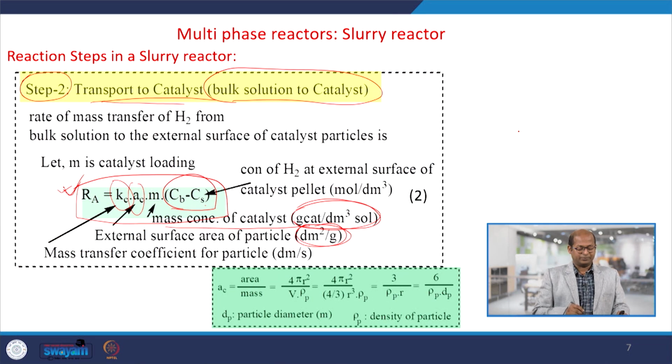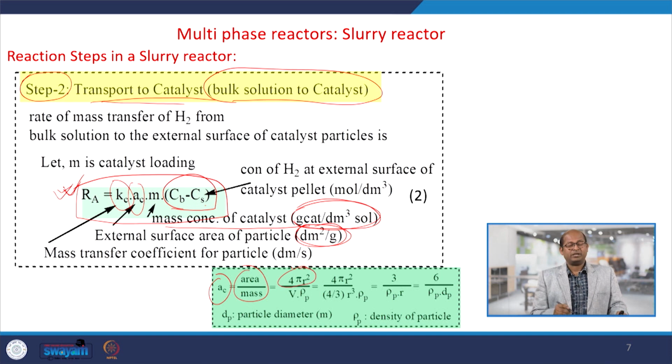So this is the second equation, for transfer of component A, hydrogen, from the bulk solution to the external surface of the catalyst. This is the rate of transfer. Here Ac is the external surface of the particles, which we usually write as area per unit mass.